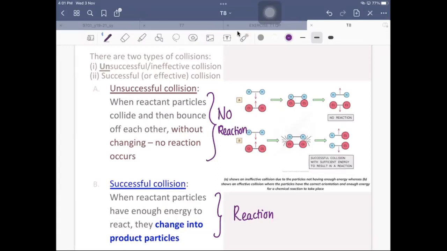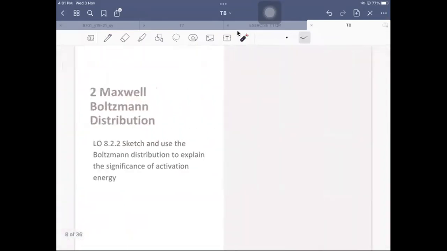So after they meet, they break away, they are still the same original reactant. Whereas in B, after they meet, they react and then they leave to become a different person, which is a new product. All right, so that is all for your activation energy and your collision theory.